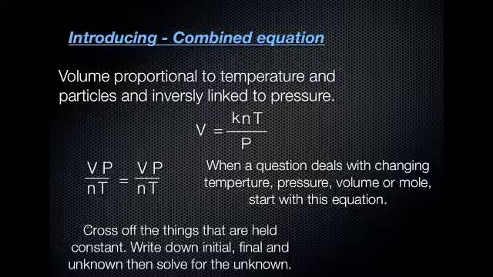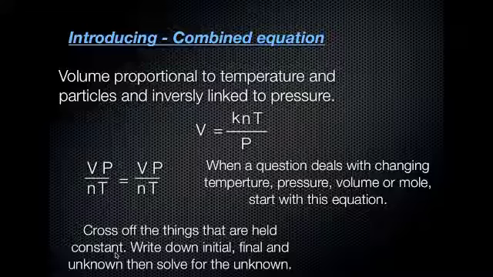What you need to do is cross off the things that are held constant. For example, a question will ask, if you have a change in volume, what will the new pressure be? It will probably say that the number of moles is held constant and the temperature is held constant.